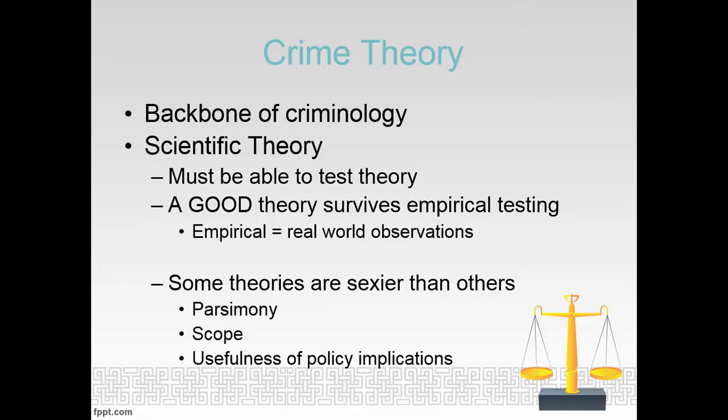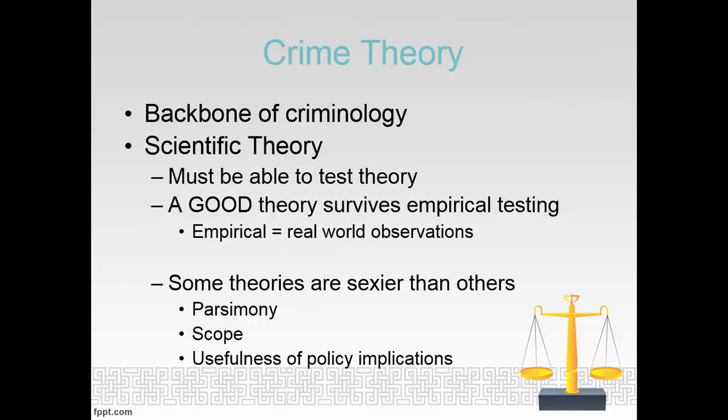At some level, you're saying a bunch of things cause crime, which, if true, great, but it's not really helpful. Part of what theories are supposed to do is guide you in how you respond to crime. So good theories don't say 400 things cause crime. They say these two or three things are crucial causes of crime. That's parsimony. A parsimonious theory uses few things.